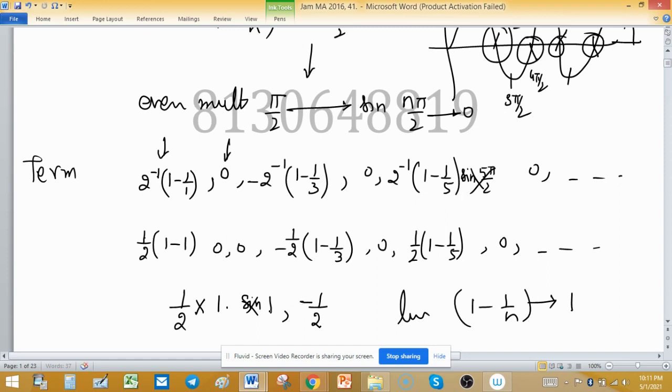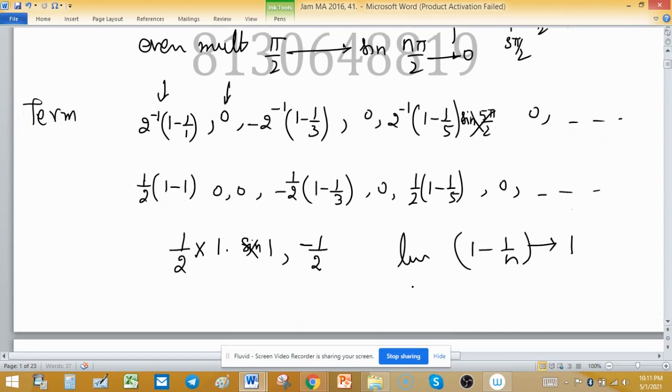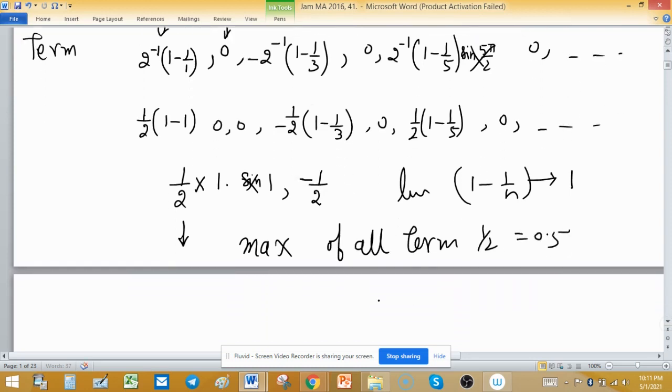negative of it. So the max value, as you can see, this is half, the max of all terms is half, it means 0.5, and the min of all terms, because some terms are negative and other less than multiples also there, so min term is minus half.